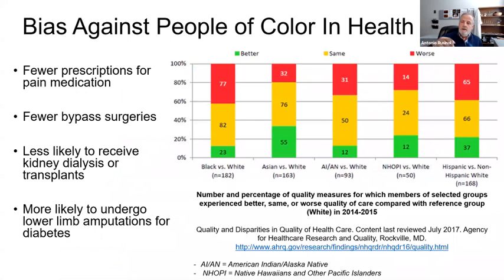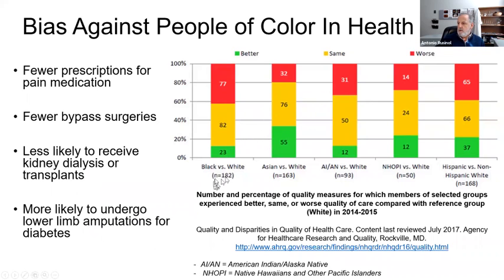And then from there, you can extrapolate this to consequences in healthcare, for example. This has been proven. Fewer prescriptions for pain medication, fewer bypass surgeries, less likely to receive kidney dialysis for kidney problems, higher incidence of amputations for diabetics.